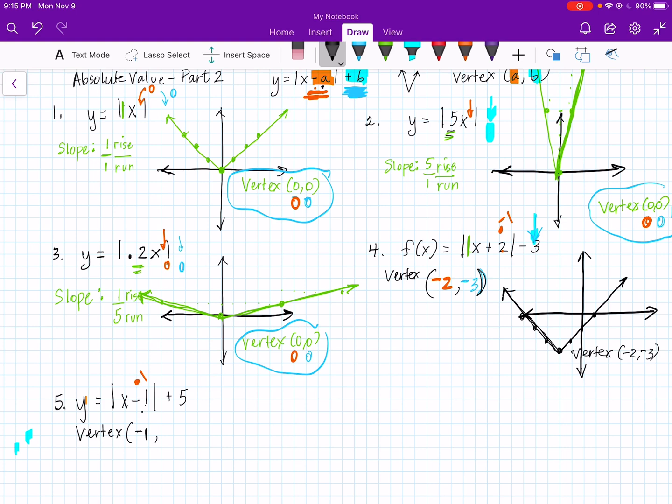And my b is on the outside, but it's a positive b, just like up here. So then it's just 5. So this would be -1, that's where the orange comes from, and 5. So if I go to graph this one, my vertex this one time is at -1, 1, 2, 3, 4, 5. All the way up there.